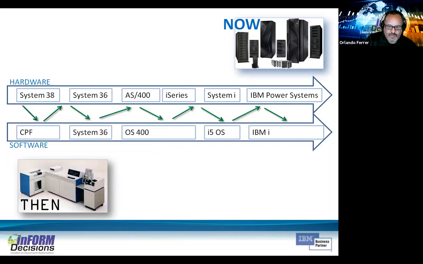I just want to touch upon this a little because this will make a little more sense as we get into the presentation. Over the years, as many of you know, the terminology used to identify the operating system and the hardware that runs that operating system has become confusing.